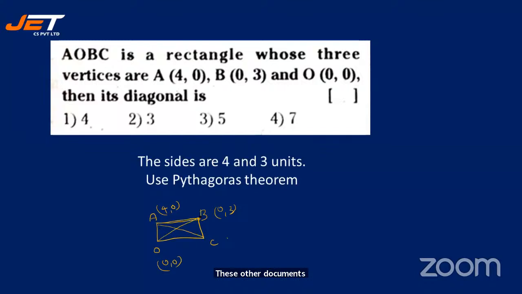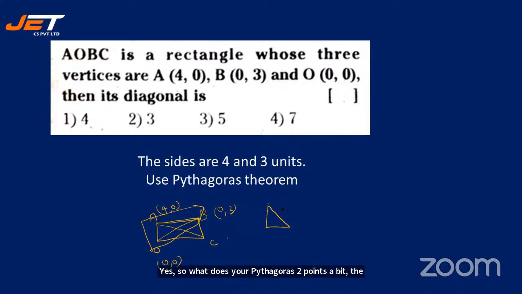So 3 vertices is given. So just take only this. With this, you can definitely find out the diagonal. So in the hint, they've told you that you can use the Pythagoras theorem. So what does your Pythagoras theorem say?